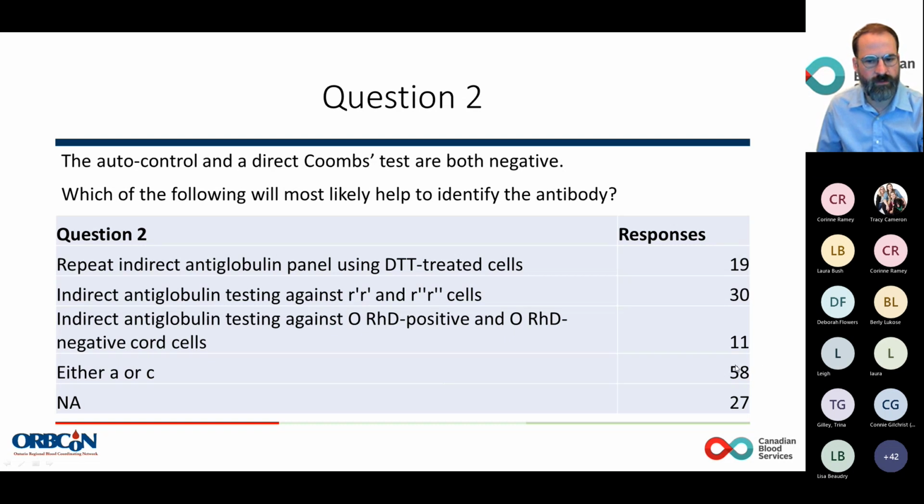I think most responses clustering on either A or C. Some responding the R prime or R double prime cells is the second most common, and then DTT treatment or cord cells individually as answers.